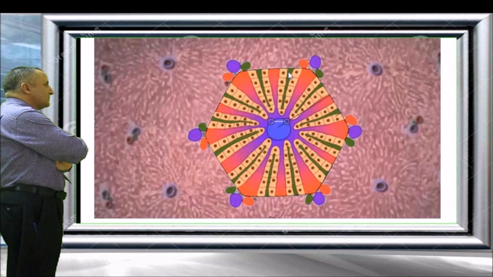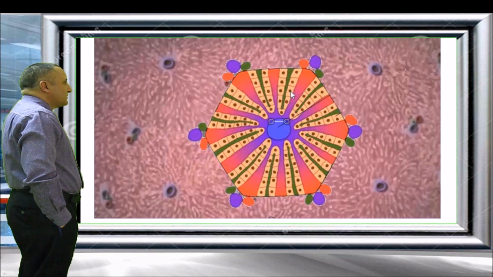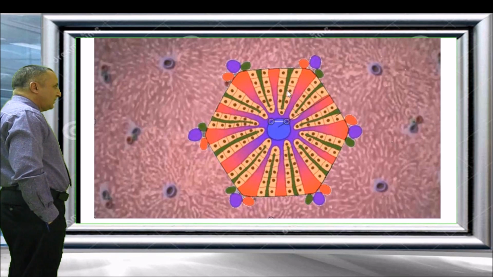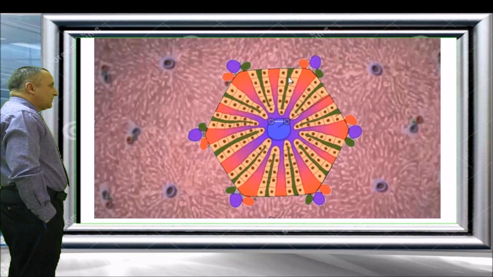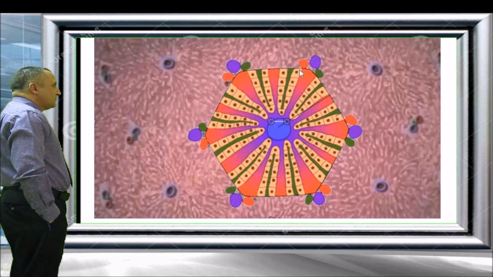there is the bile canaliculi. When the hepatocytes secrete bile, it is poured into the bile canaliculi, and from the bile canaliculi it is poured into the bile ductule.